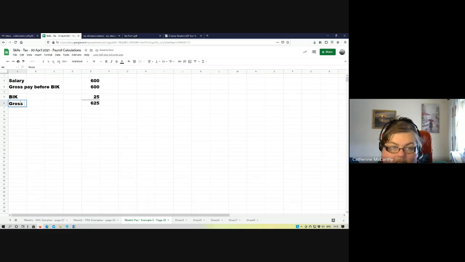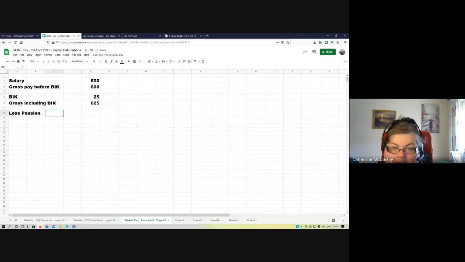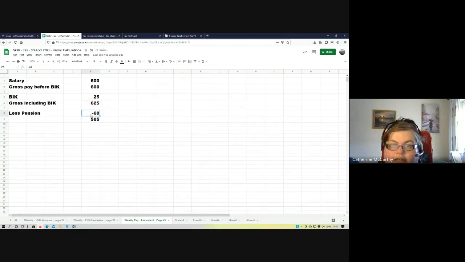So that's our gross, including BIK. And then less the pension, and that is €60. So that is 565, our taxable pay.